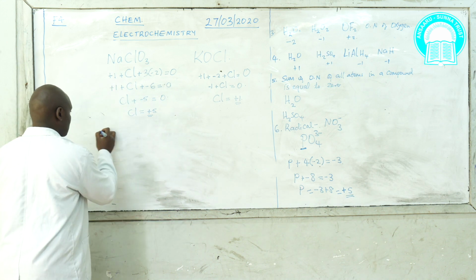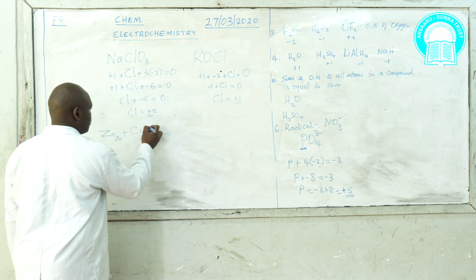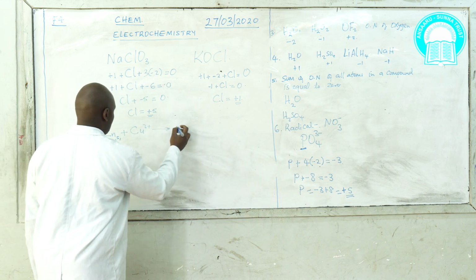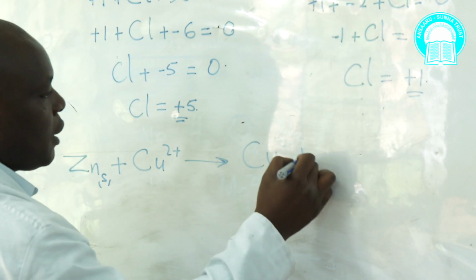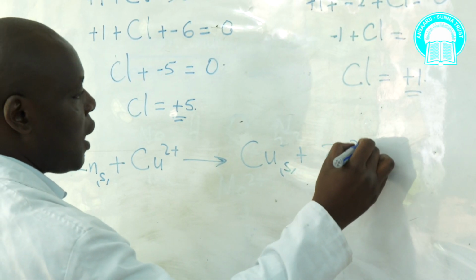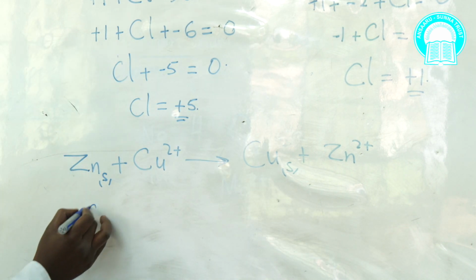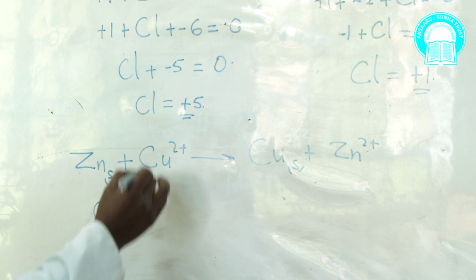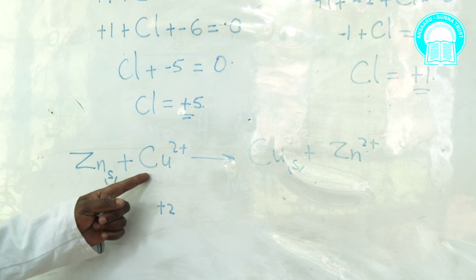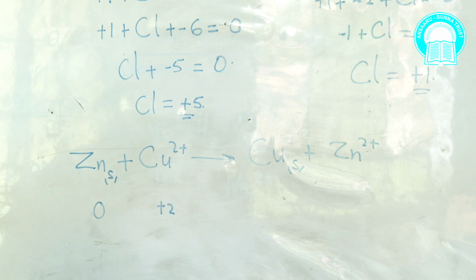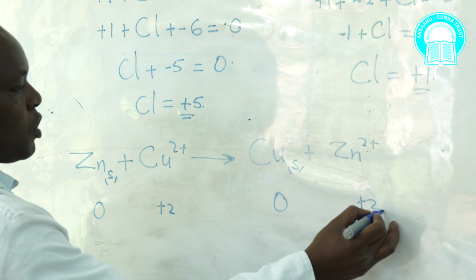If I may go back to one of the ionic equations we did at the beginning, this one is going to give us copper metal and zinc ions. You realize that the oxidation number of zinc here is 0. The oxidation number of copper is positive 2, since copper is a monoatomic ion. Then here 0, then here positive 2.